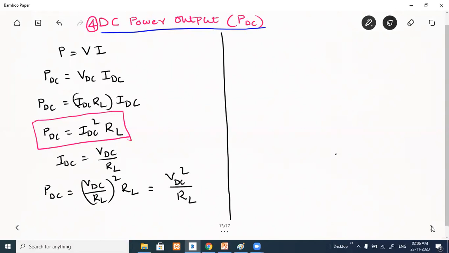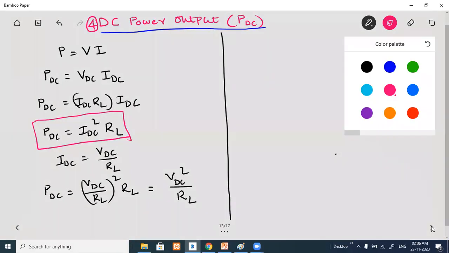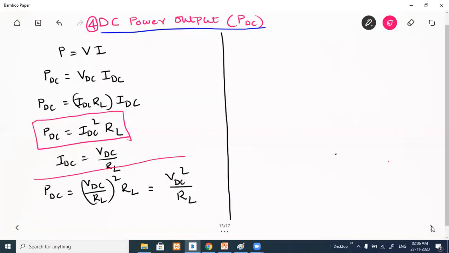So that is the DC output power in terms of voltage VDC.